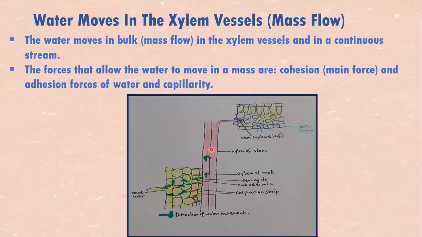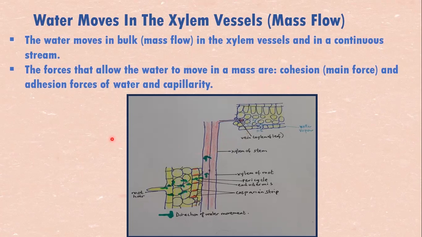Now, the forces that keep the water in a continuous flow as mass are the cohesion forces between water molecules. Water molecules are polar and they are attracted to each other and bonded together by hydrogen forces. And that is what builds the cohesive forces of water that keeps water as a mass that flows.